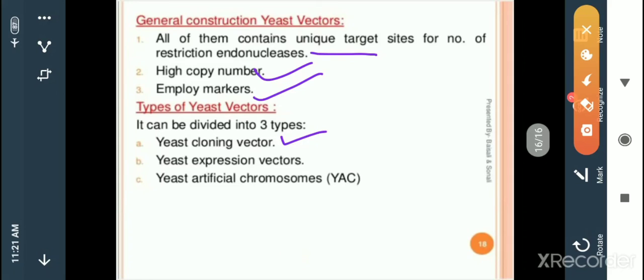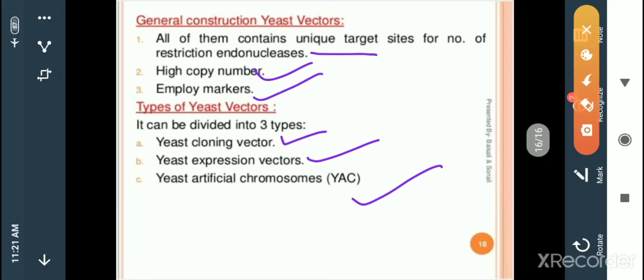Expression vector: after formation in another individual, we show the desired characters, then it is going to express. When it starts expression, the number has to be amplified again using the same vector, which is called the expression vector.